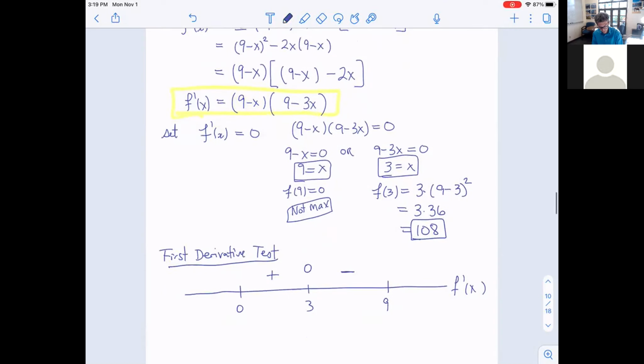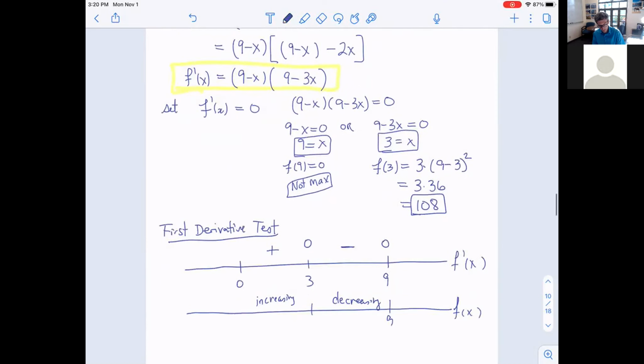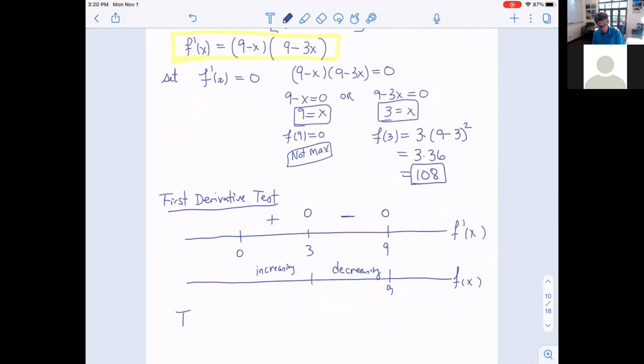And so what that tells us is that our function f of x must be increasing over here, and then it must be decreasing as we get to 9, and that will verify that f of x is maximum at x equals 3.